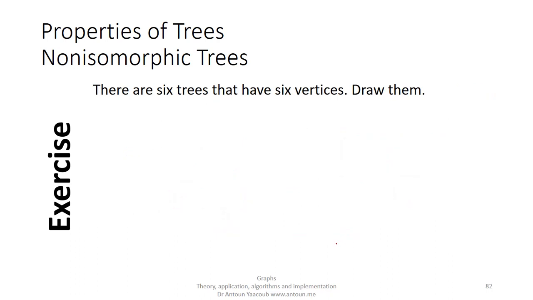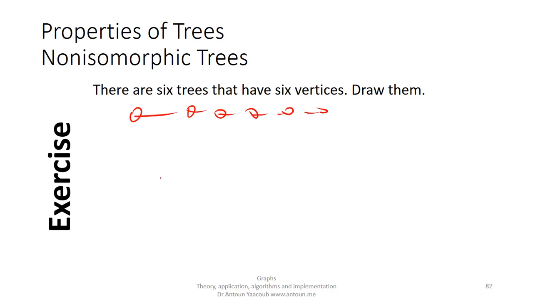So they are telling us in this exercise that there are 6 trees that have 6 vertices, and to try to draw them. So you need to have 6 vertices. I already have the solution, but I'll try to do it with you. So I have 6 vertices. Obviously I have first the path, because there's no repetition.